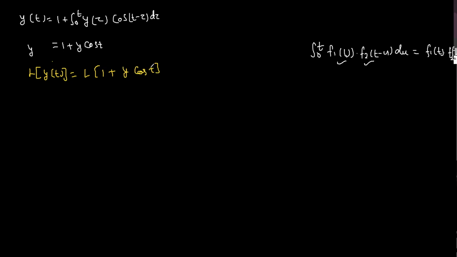Yes. What is Laplace of it? Y bar. Laplace of 1 is 1 upon s. And Laplace of y is y bar. And Laplace of cos t is s upon s square plus 1. Understood.